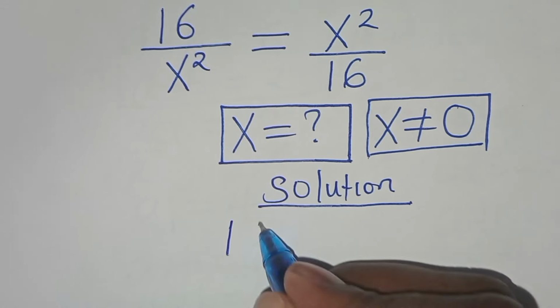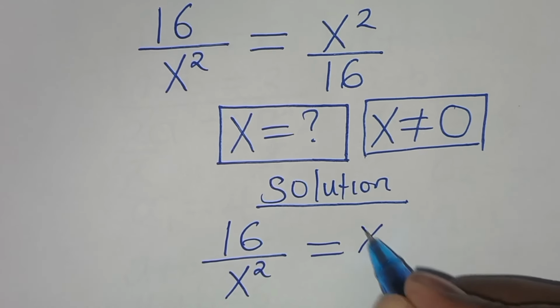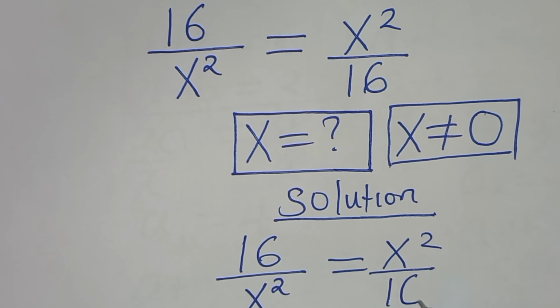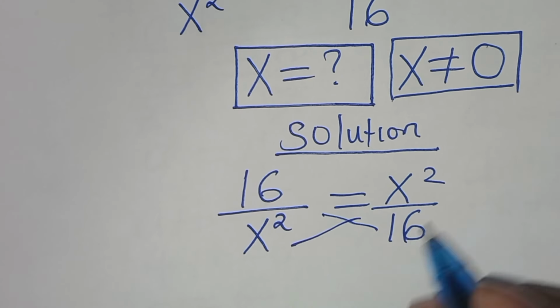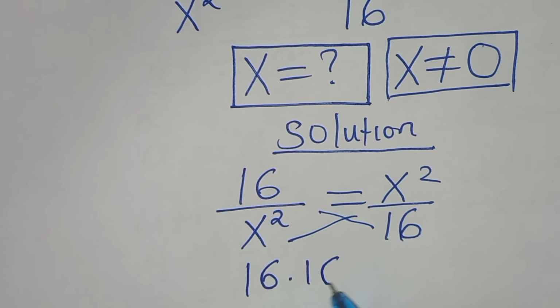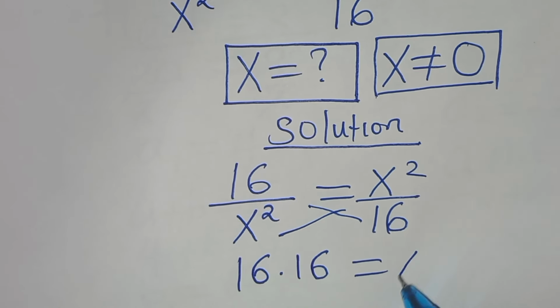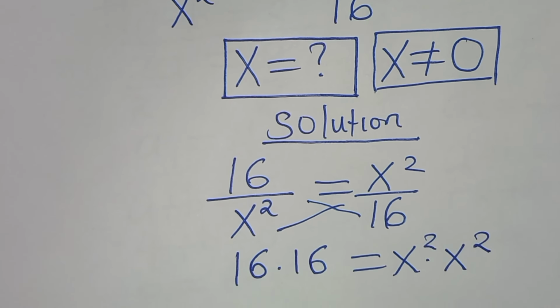We have 16 divided by x to the power of 2 equal to x to the power of 2 over 16. The first step is to cross multiply, so that now we have 16 times 16 equal to x to the power of 2 times x to the power of 2.